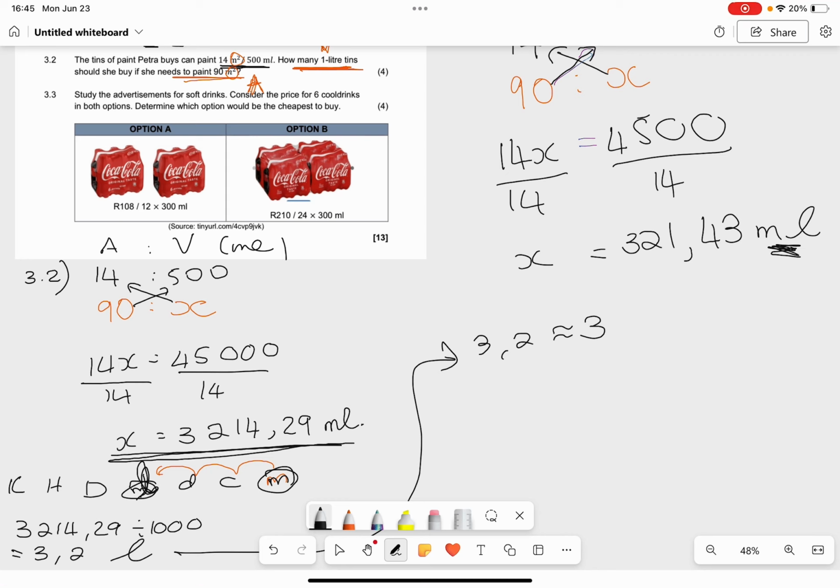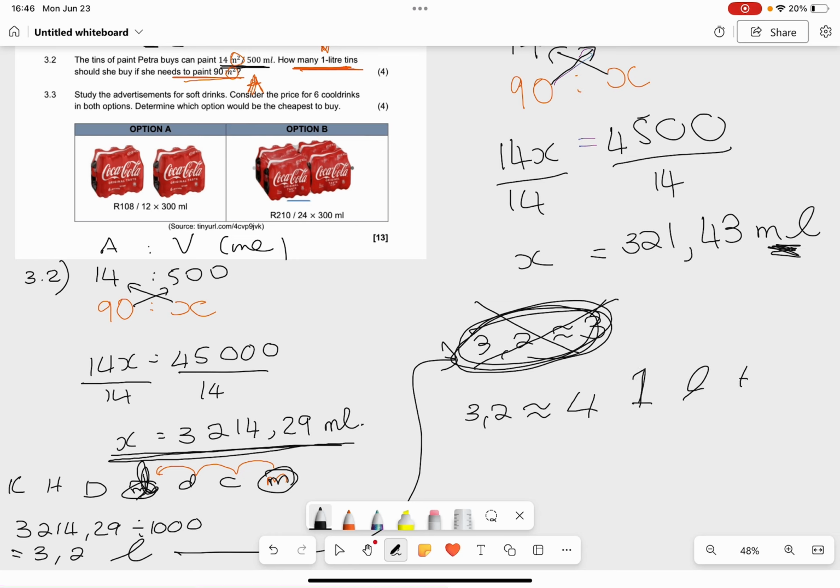So according to the rules of rounding off, 3.2 rounds down to 3 liters, but using logic, we need to round it up. So we're going to say 3.2, and we're going to round it up to 4 1 liter tins of paint, and that will be the answer.